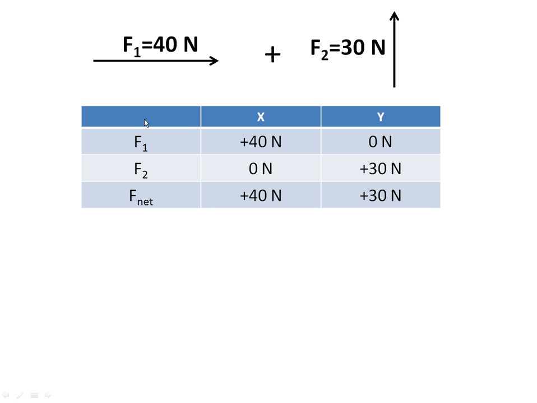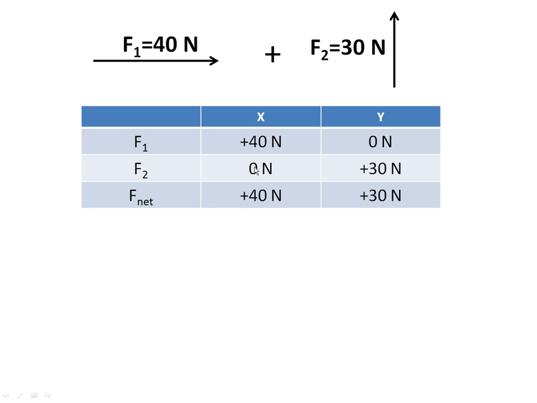What I would do is break down each force in terms of its x and y pieces. So F1 has a component in the x direction of plus 40 newtons, and it has 0 newtons in the y direction. And similarly, F2 would be 0 newtons in the x direction and 30 newtons in the y direction. So we have examples here of vectors which are horizontal and vertical.